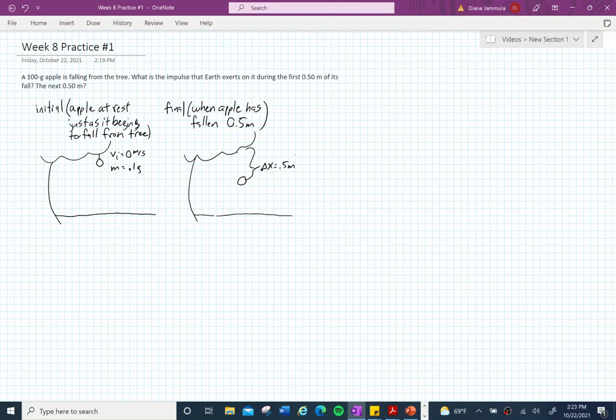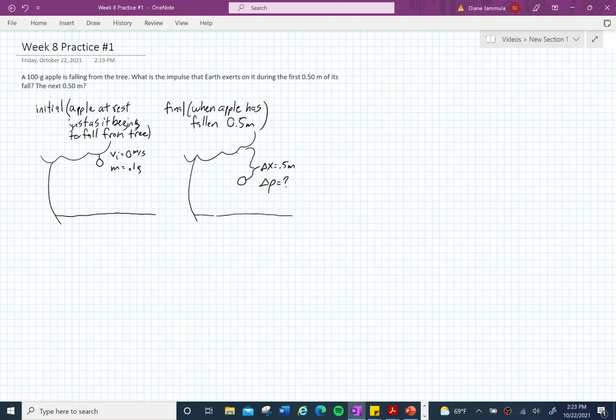And the question we want to know is, what was the impulse exerted by Earth? Okay, the symbol for impulse is J, but it's also the same thing as change in momentum. So I think I'm going to write this as the change in momentum is question mark. Change in momentum is impulse.